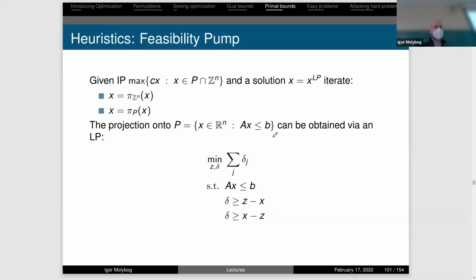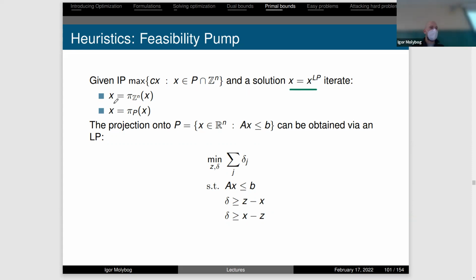The next heuristic is a feasibility pump. It's a more complex heuristic where, again, we are talking about IP, and we have an LP relaxation solution. We can iterate two stages.